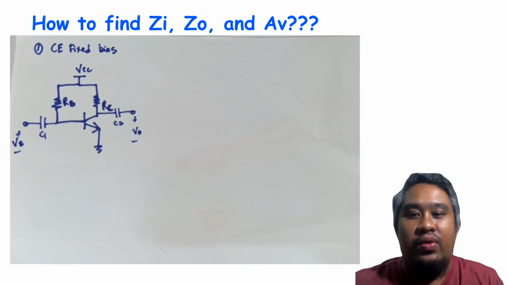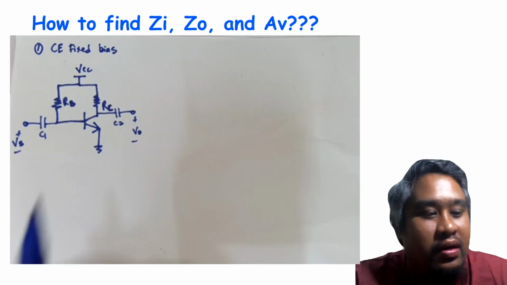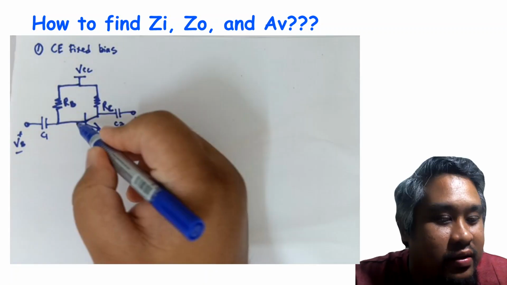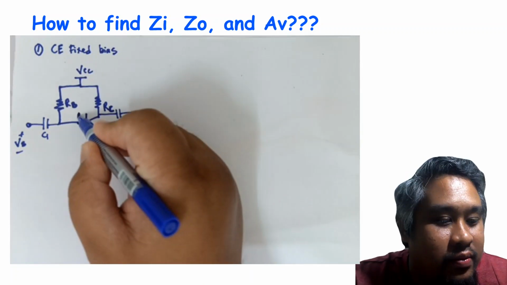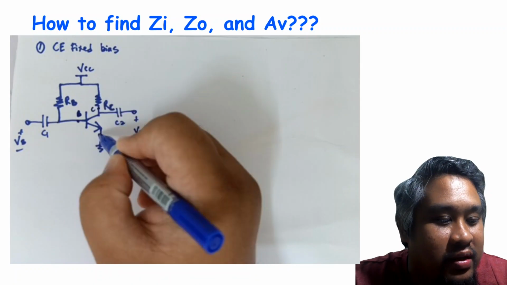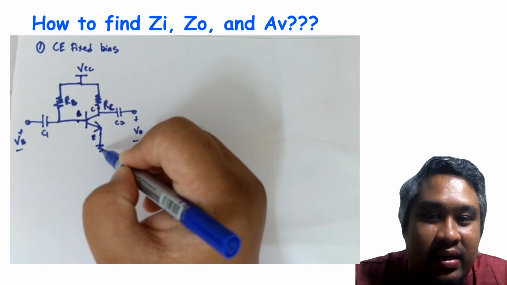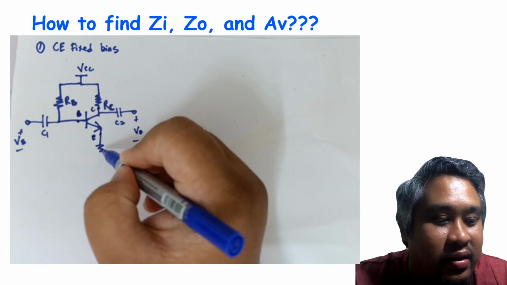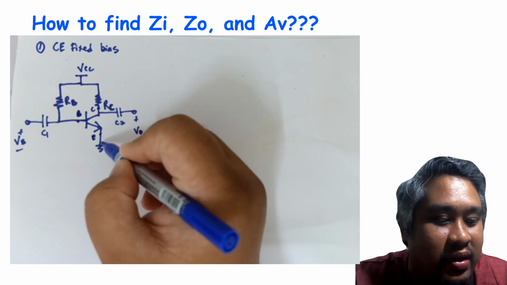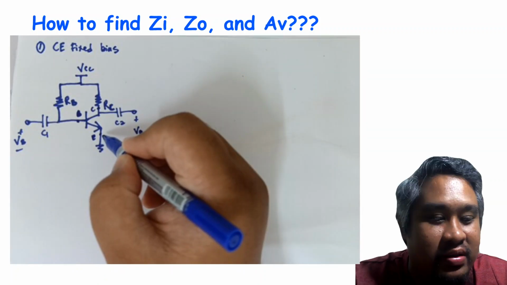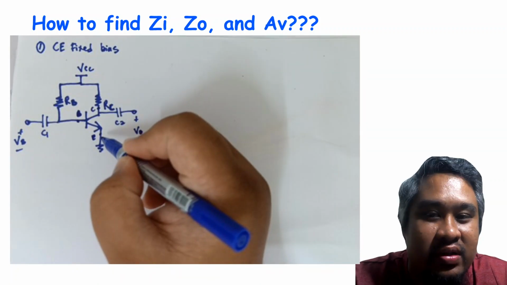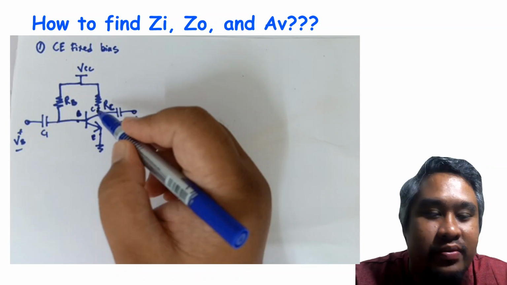Again, don't forget we have a base here, a collector here, and an emitter, and the emitter is directly connected to the ground. That's why we call this circuit common emitter fixed bias configuration circuit for BJT.